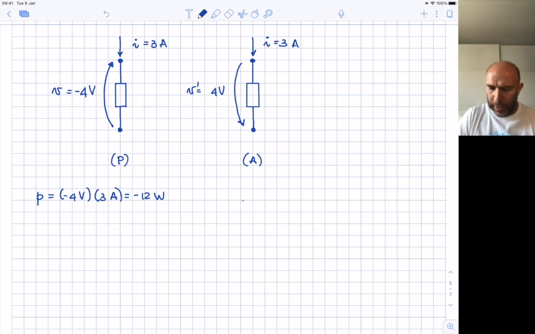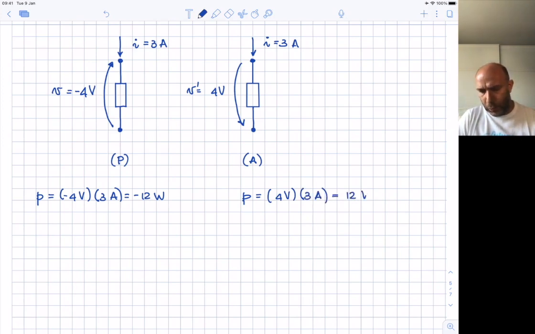In the second case, the power is 4 times 3, that is 12 watts.